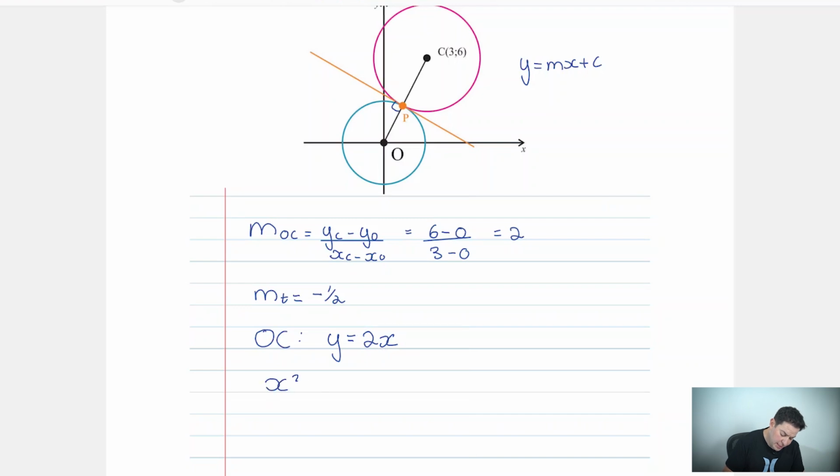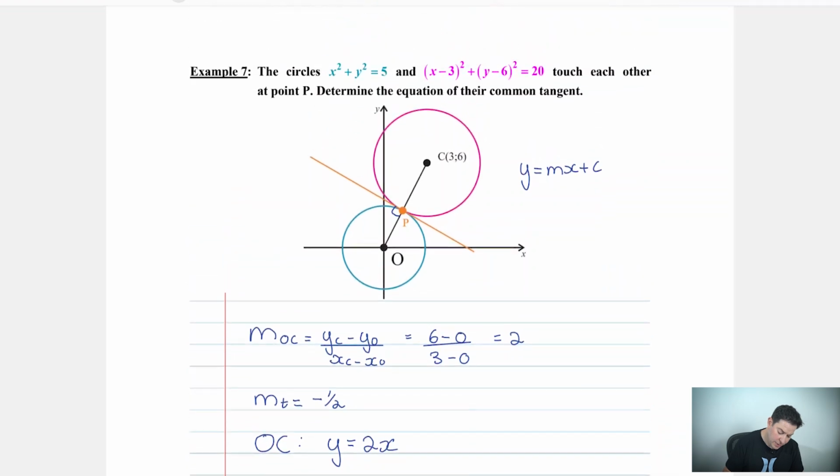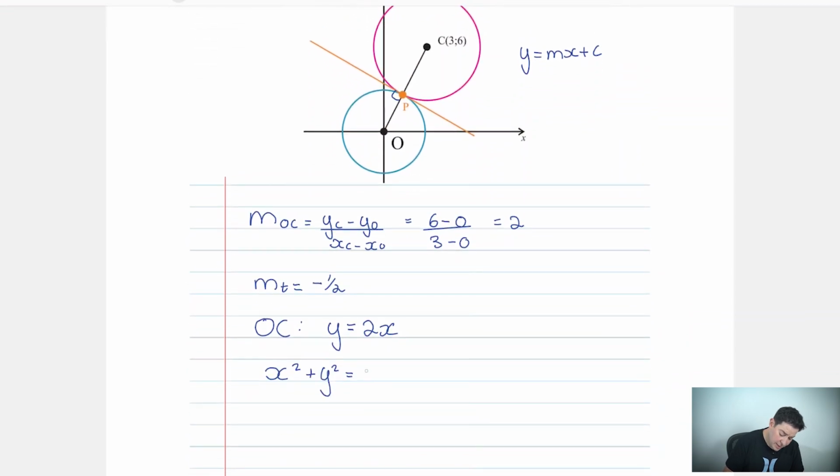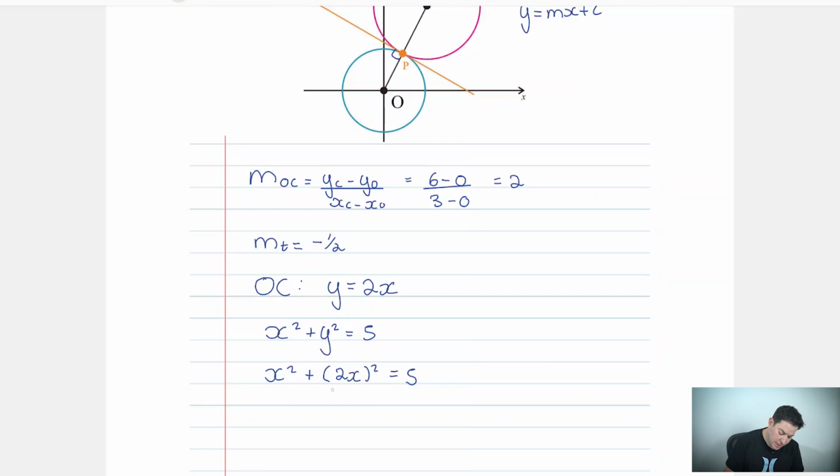So our circle is x squared plus y squared is equal to 5. So we're going to write this as x squared plus y squared, which we know is 2x, so (2x) squared equals 5. Don't forget to square your 2 as well. That's x squared plus 4x squared, which equals 5x squared.